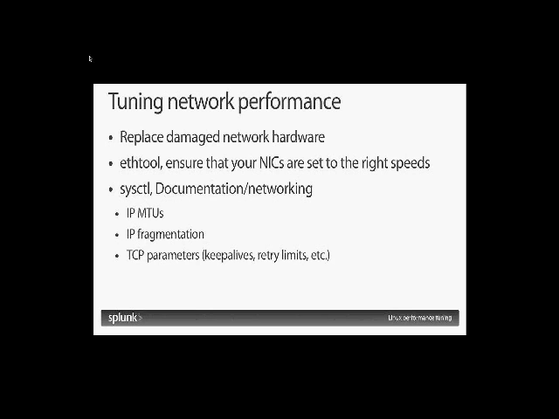Again, sysctl. Things you want to watch for networking are MTUs, fragmentation, and TCP parameters. And MTU is the maximum transmission unit. Basically, transfer units are the size of the packets that are being sent, essentially. And so you can actually choose how big or small these are going to be.